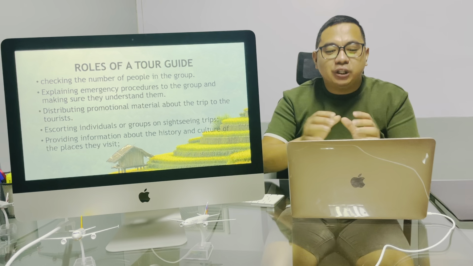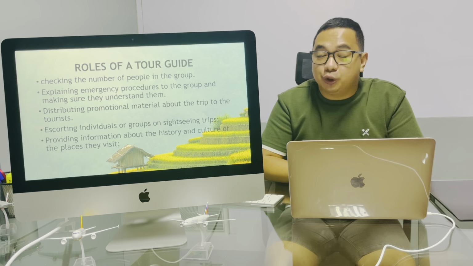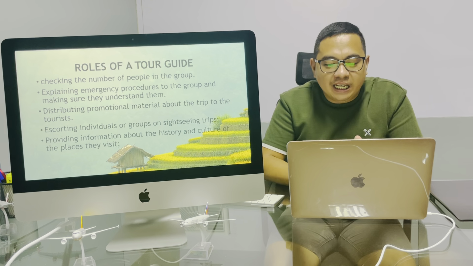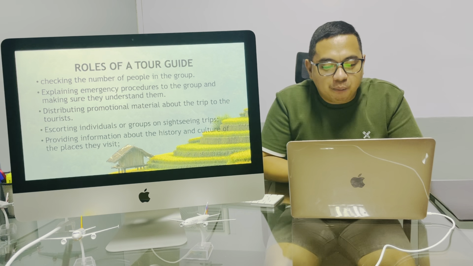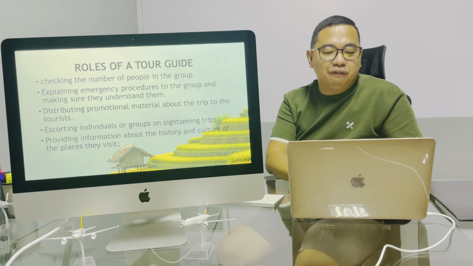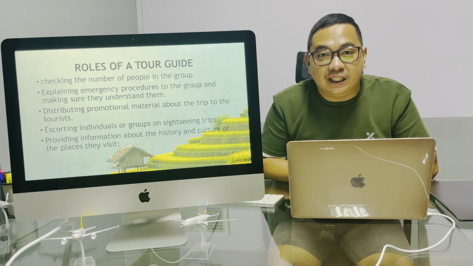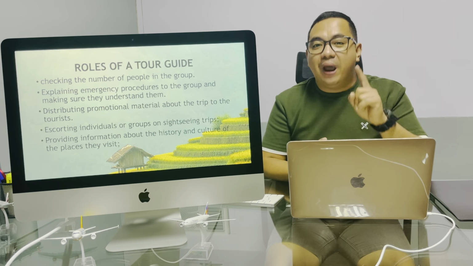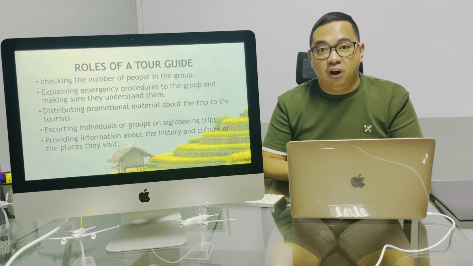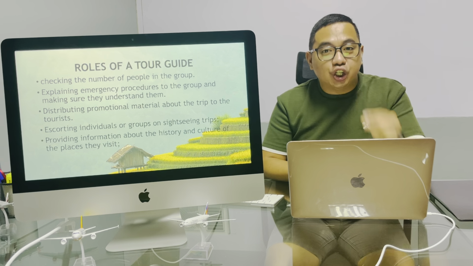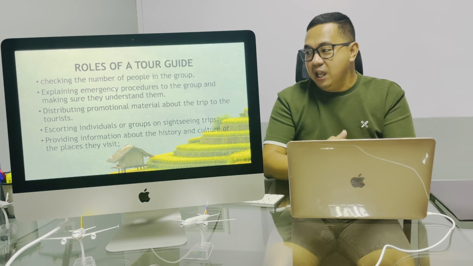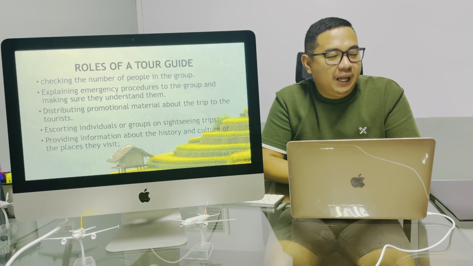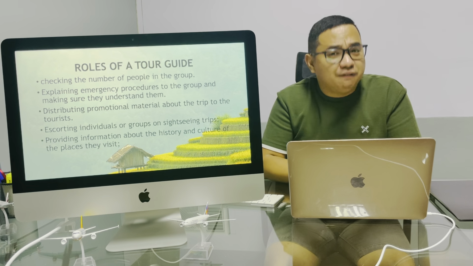Next, distributing promotional material about the trip to the tourists, escorting individuals or groups on sightseeing trips, and then providing information about the history and culture of the places they visit. This is very important. That's why the tour guide should be well-versed, well-knowledgeable, and have a very good idea of where they are going. So guys, later on, if you're planning to do a tour guiding workshop, that's very good.